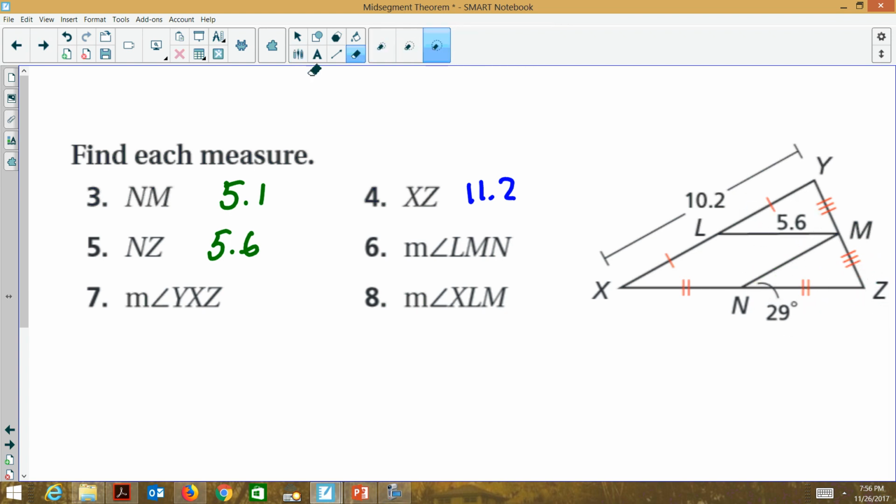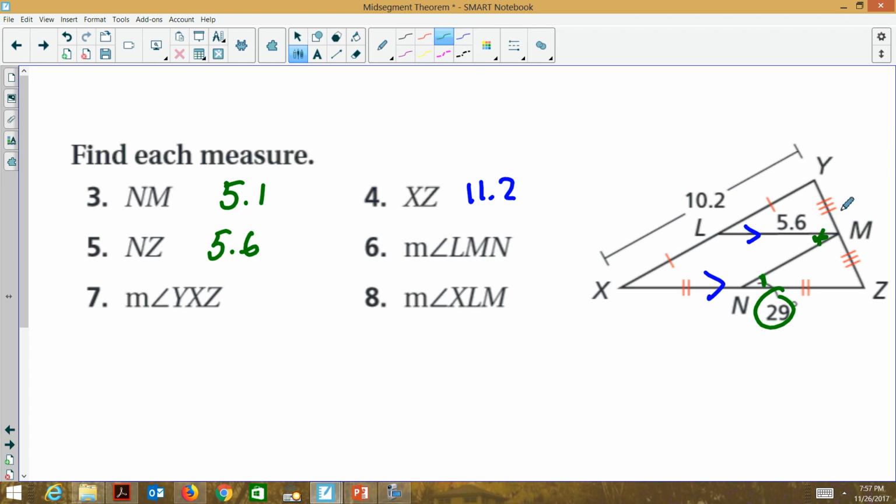Now let's talk about some angles here. It gives us the following information. Angle MNZ is equal to 29 degrees. So we need to find the measure of LMN, which is this angle. Because LM and XZ are parallel to each other, we can use the parallel lines theorems in order to figure this out.